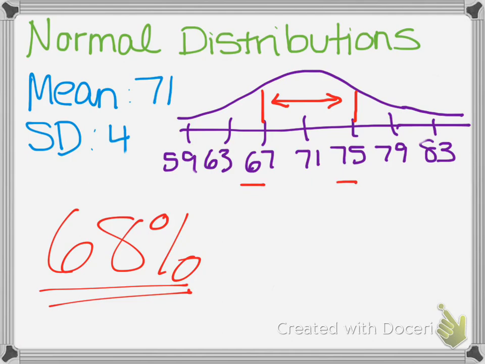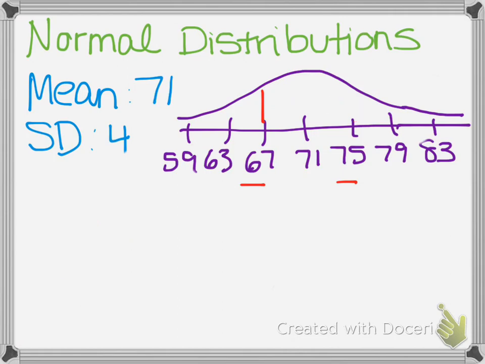Now, what if I wanted to find the percent between, let's say, 64 to 73? All right, again, those scores are not a whole number z-score, so I'm going to have to use my z-score table. And I'm going to actually have to do the formula twice and look on my chart twice because I have two bounds.